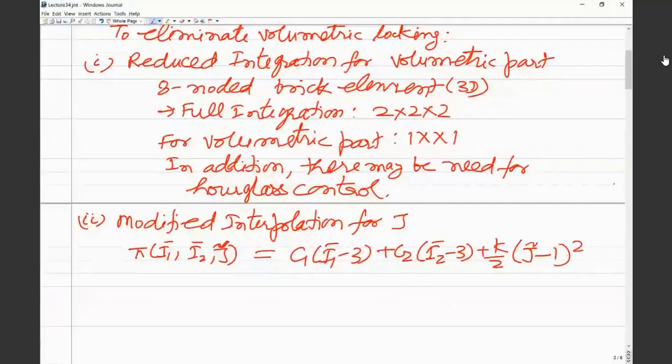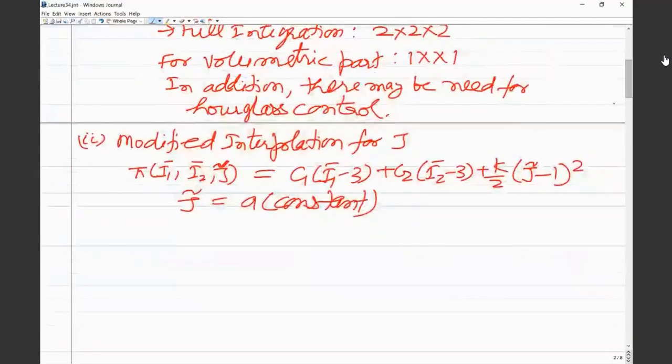J tilde is a modified interpolation for J. If it is an 8-noded brick element, you might just want to use J tilde as some constant, say A, and then you find this J tilde by minimizing the difference between the actual J and this J tilde modified interpolation, integrated over V naught, the reference volume, of the difference squared dV naught.